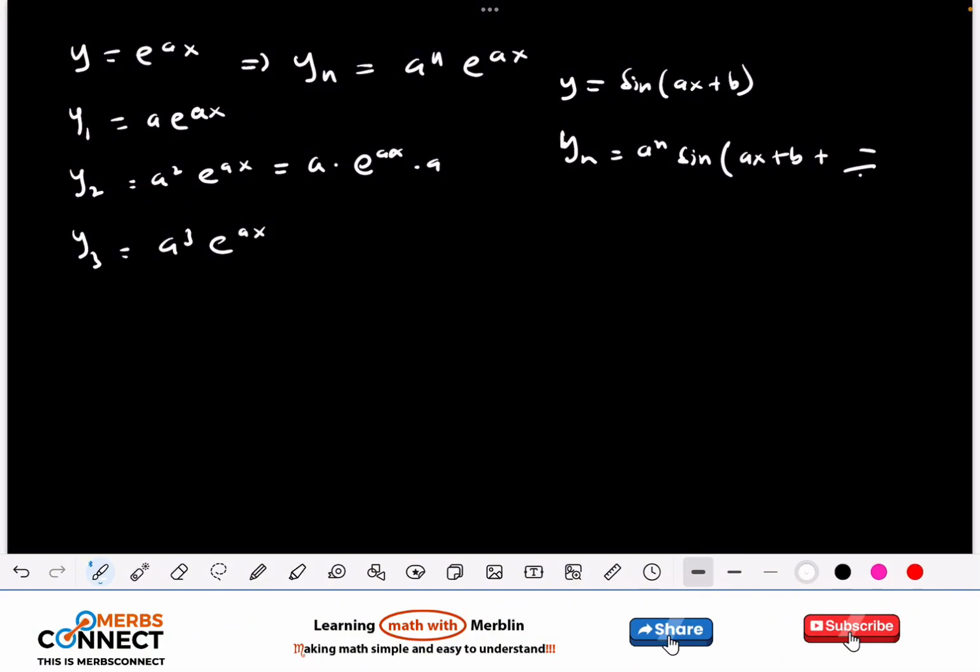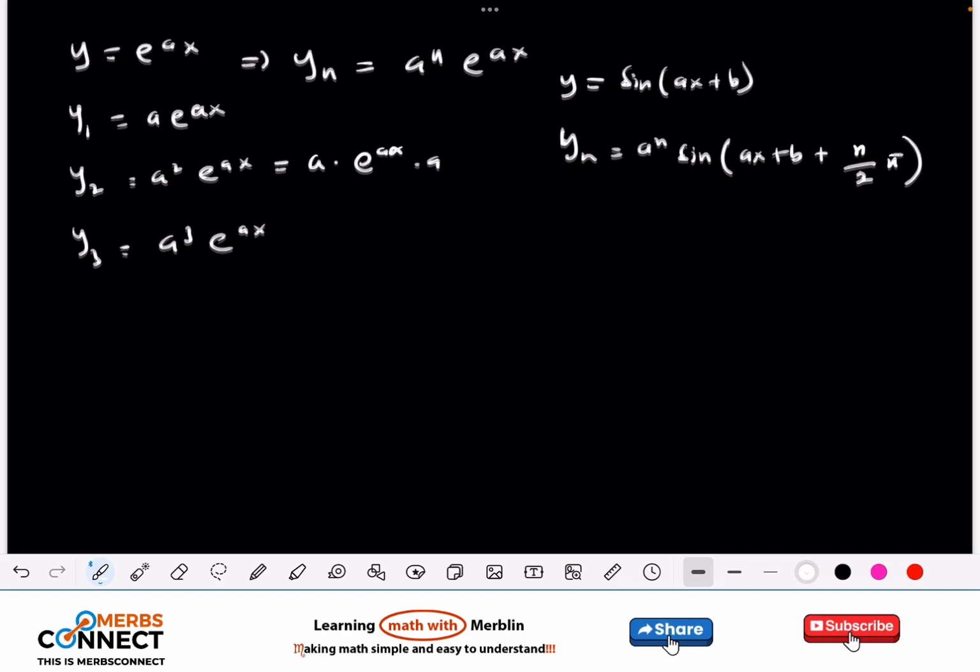No, it should be n because we are getting to the n-th derivative, n times pi over 2. So this is what you are going to get. And remember, I told you how to do it whenever you are dealing with a sine, right? So this one, let me just prove this one for you and then we just go.